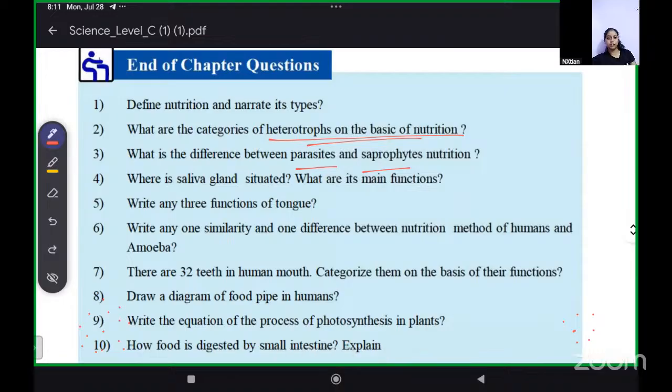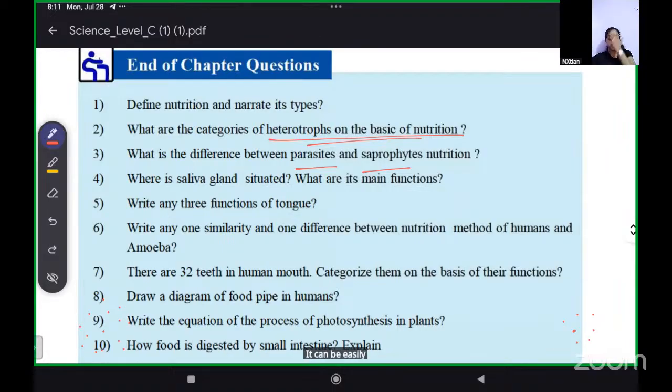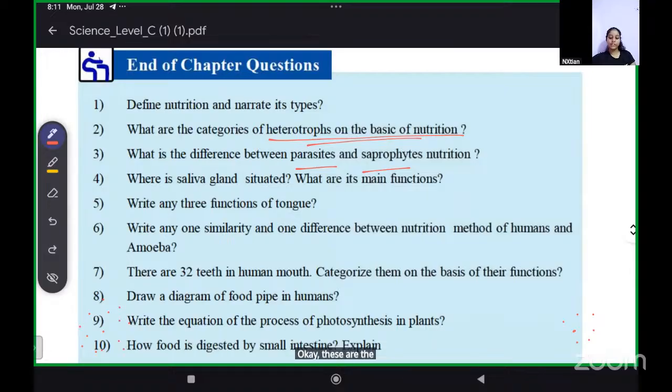Yes, helps in tasting the food, helps in swallowing the food, helps in mixing the food with saliva so that it can easily go down the food pipe, and also it helps us to speak. Okay, these are the functions of tongue.